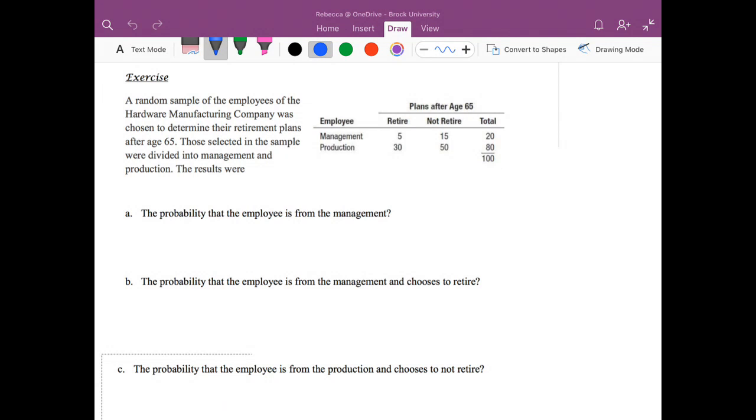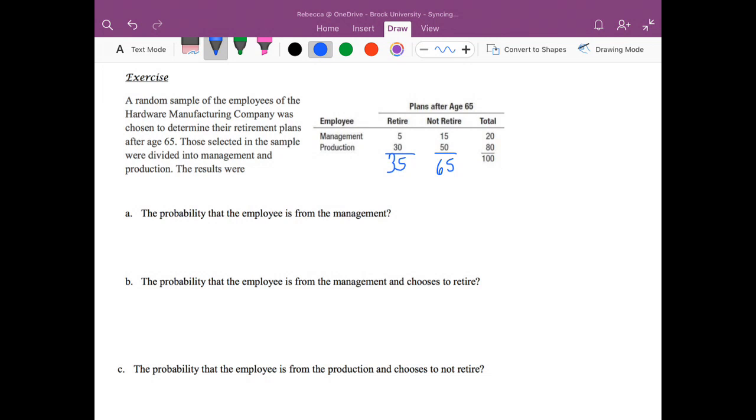So the first thing I'm going to do is calculate the totals at the bottom of retire and not retire because it hasn't given me those totals. So the total for retire is 35, 30 plus 5, and the total of not retire is 65, 50 plus 15. Okay, now I can look at these questions and look at how to solve them.